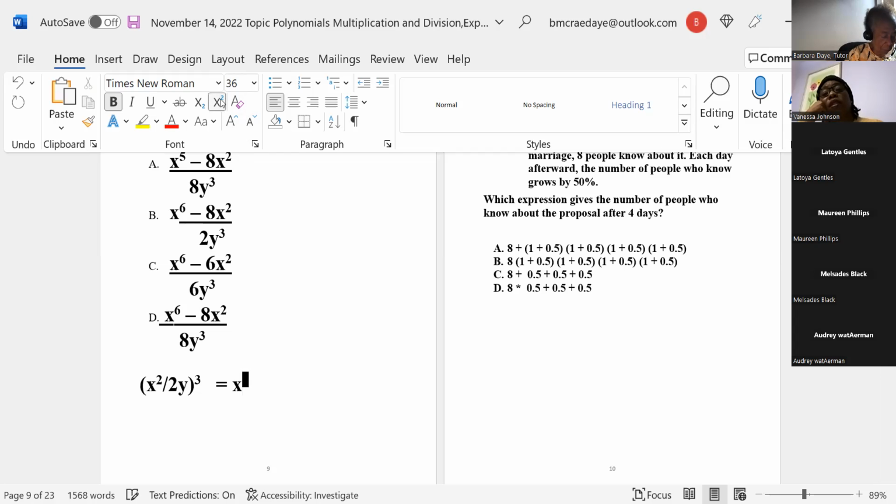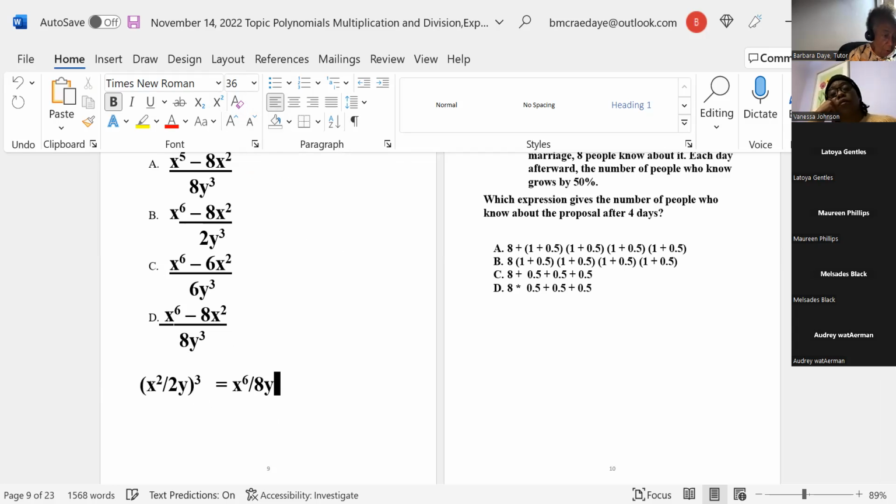X squared to the 3rd power is x to the 6th power. Over 2y. Yeah, work it out. No, you have to raise 2y to the 3rd power too. What's 2y to the 3rd power? 8y to the 3rd.